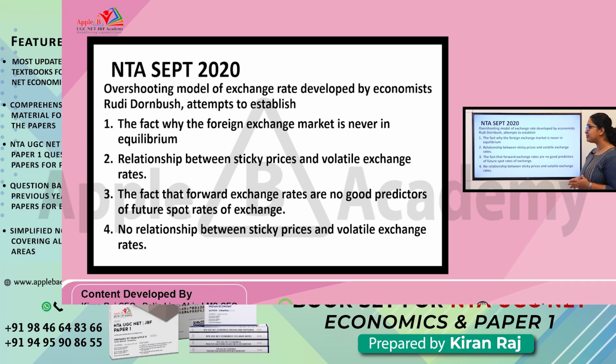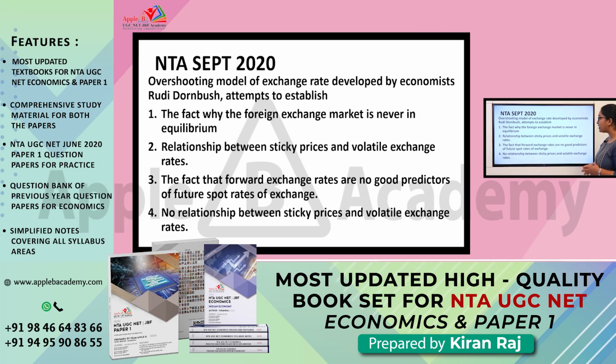The first option is the fact that the foreign exchange market is never in equilibrium. Second, the relationship between sticky prices and volatile exchange rates. Option 3, the fact that forward exchange rates are no good predictors of future spot rates. Option 4, no relationship between sticky prices and volatile exchange rates.